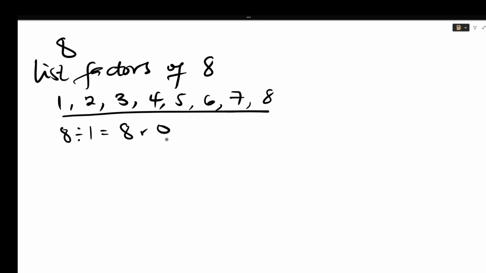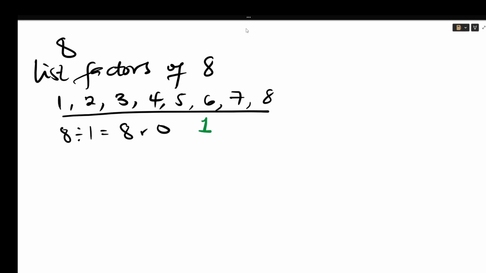Since we were not left with any remainder, I'll pick 1 as part of my factors.